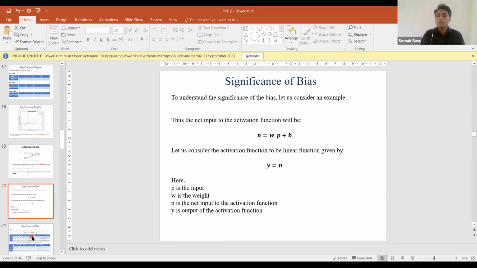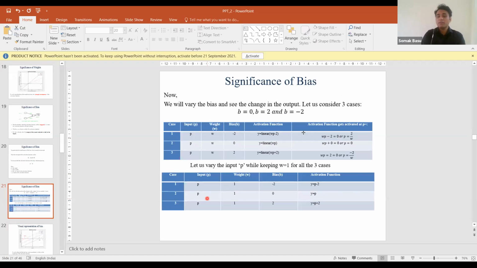So maybe I'll just give you one small example over here. Let us say the input to the activation function is, as we have seen, n is equal to w into p plus b. And let the activation function be y is equal to n. So let us take three examples.